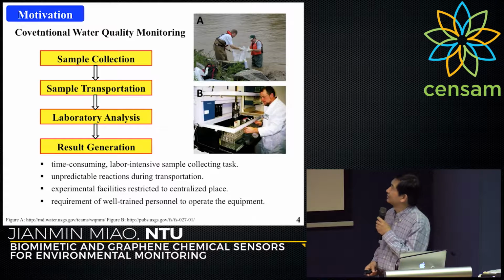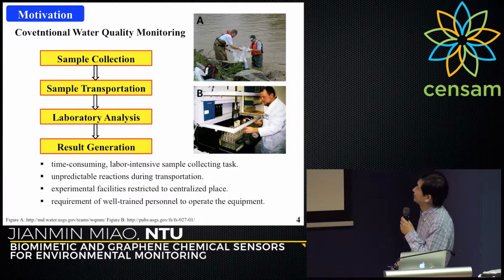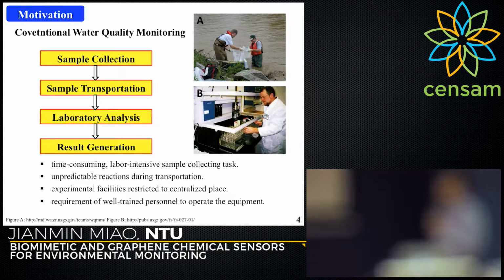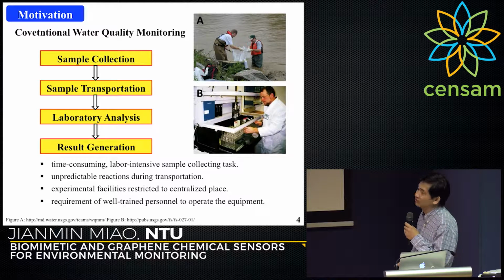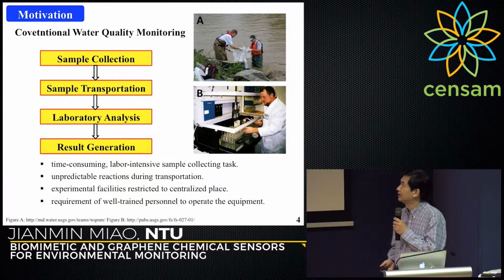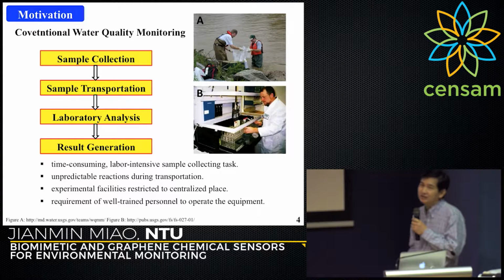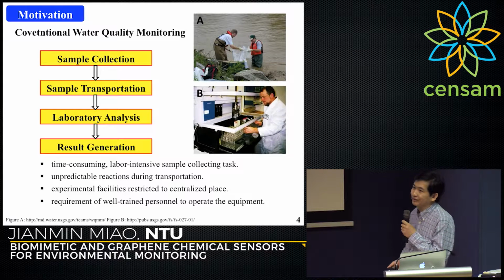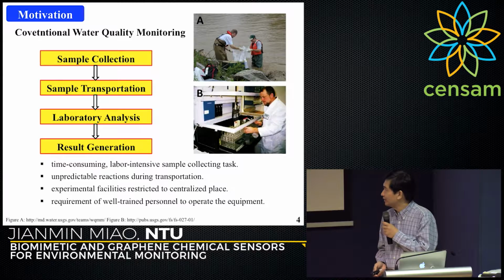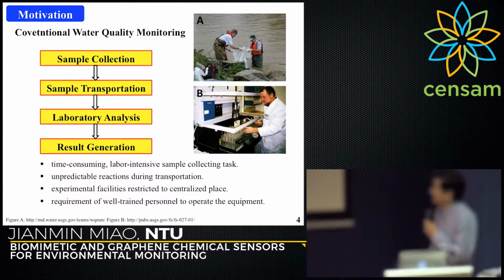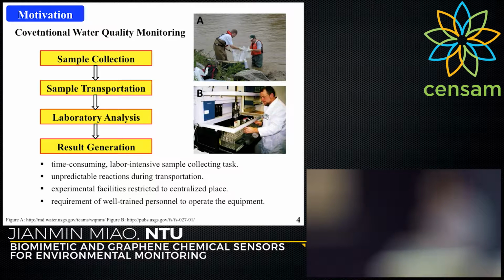And the motivation is described here. Conventionally, we have to take a water sample from the river or reservoir, then transport the sample to a laboratory, and the analysis will be done in the laboratory with some facilities set up. Finally, we can get a result. This procedure is very time-consuming and needs labor-intensive sample collection.